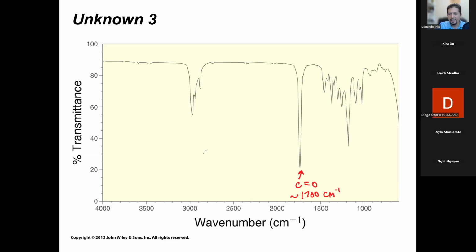Okay. What type of carbonyl? Is it a ketone carbonyl? Is it a carboxylic acid carbonyl? Is it an ester carbonyl? You can tell me based on this graph. So I'll give you the first hint. If this was a carboxylic acid carbonyl, what else would you observe?